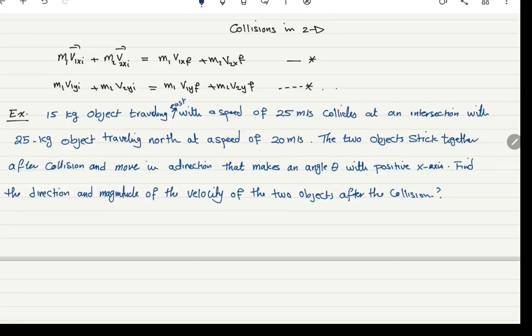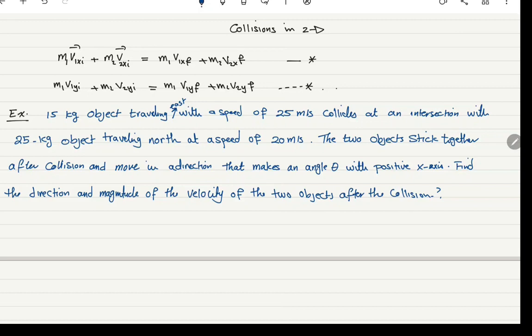Example: a 15 kilogram object traveling east with a speed of 25 meters per second collides at an intersection with a 25 kilogram object traveling north at a speed of 20 meters per second. The two objects stick together after the collision and move in a direction that makes an angle theta with the positive x-axis.